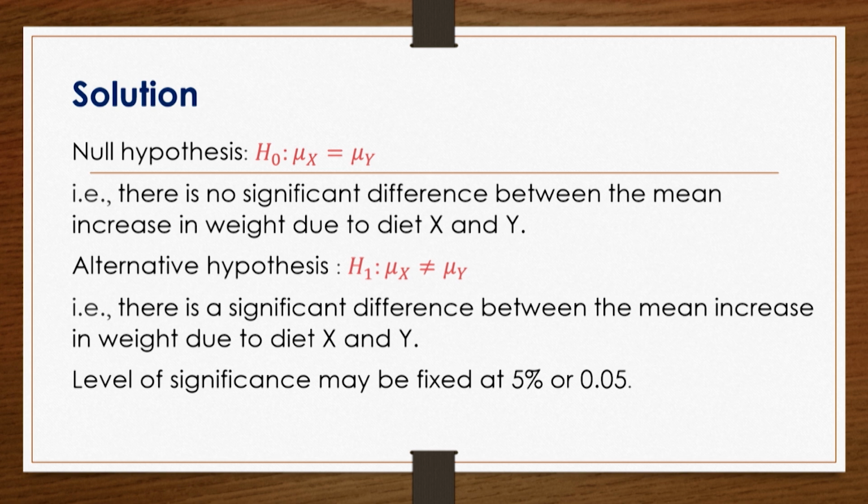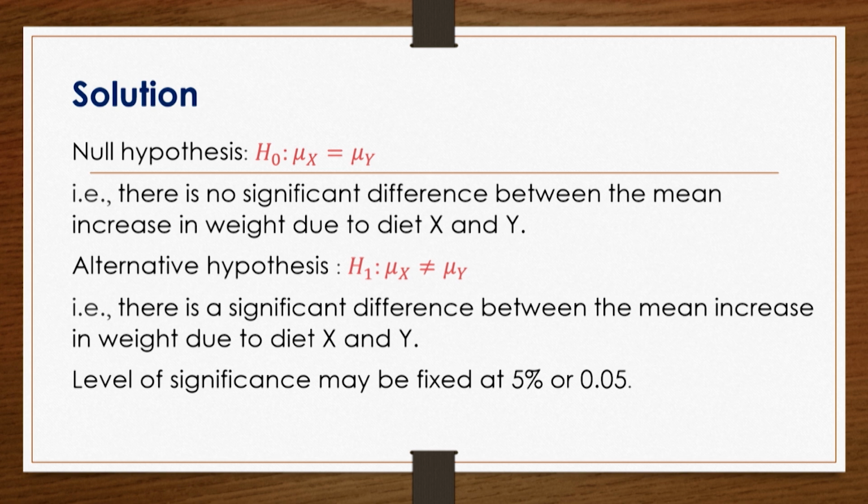The alternative hypothesis is called H1: mu x is not equal to mu y, which may be mu x greater than mu y or mu x less than mu y. That is, there is a significant difference between the mean increases in weight due to diet x and diet y.